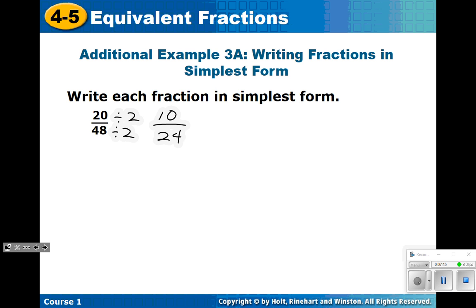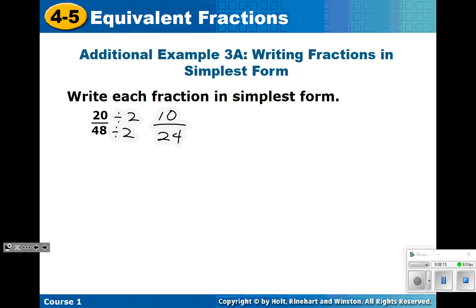The idea of simplest form is that the numerator and the denominator, their greatest common factor is 1. Okay? What is a common factor that 10 and 24 have? 2. They still have the common factor of 2. If you listed the factors of 10, it would be 1, 2, 5, 10.